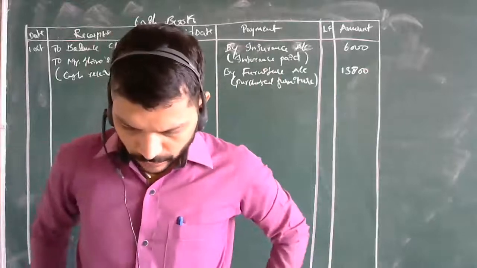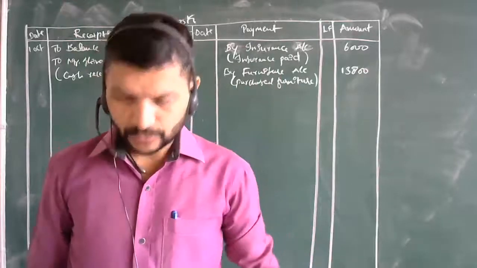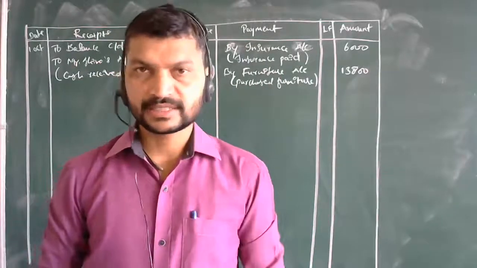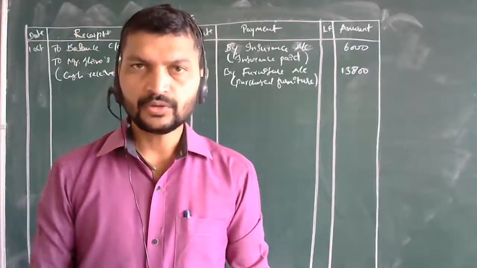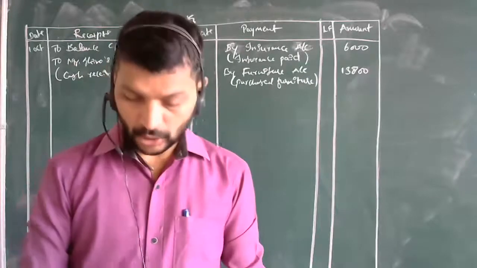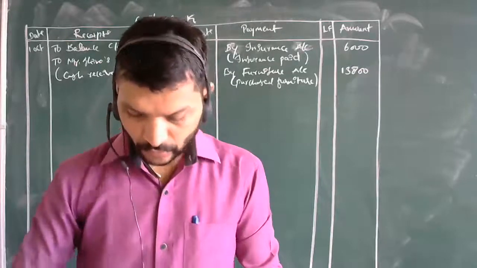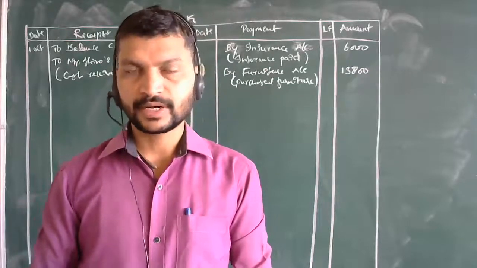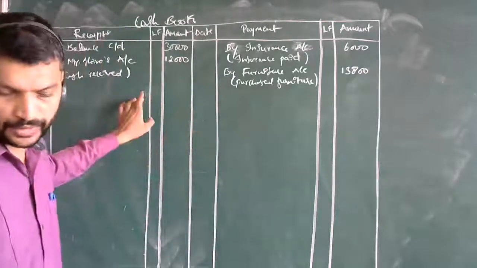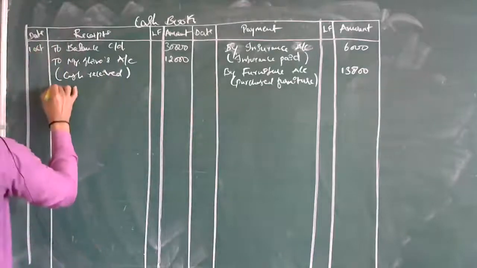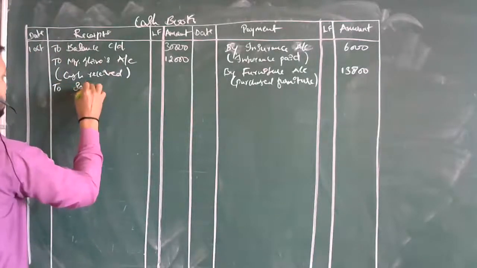Next, sold goods for cash. You have sold goods for cash, which means you have made a sales transaction. So the next part will be sales. When you sell the goods, you receive the cash, right? So it will be taken on the receipt side, to sales account.